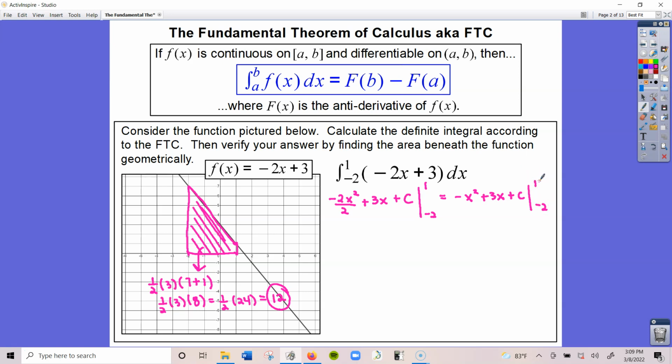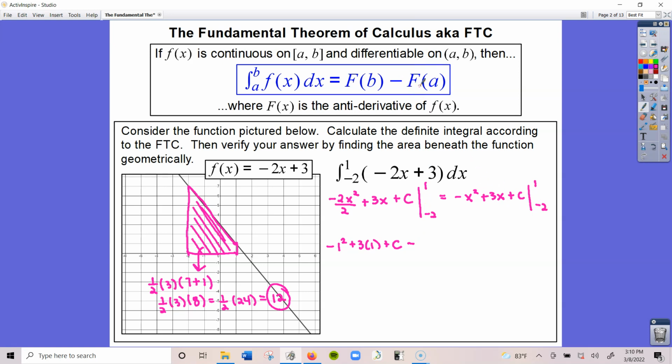So what we're going to do is take our top number and plug it in for the x's. So it'll be negative 1 squared plus 3 times 1 plus c. Remember, c is some constant. I don't know what that is. It's not x. So that part is done. Minus now f of a. So now I need to plug in the negative 2.